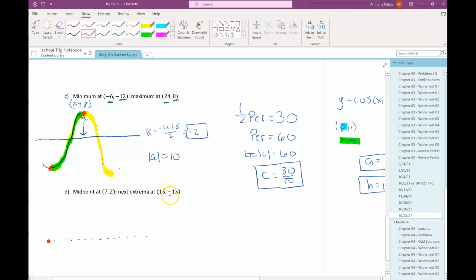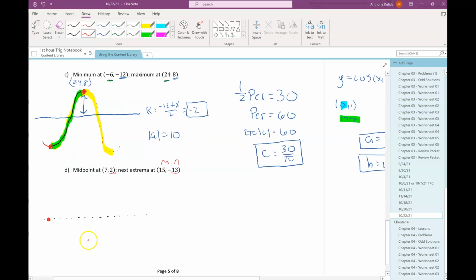Now I can tell just by looking at the y coordinates that this point is a minimum because -13 is less than 2, so it has to be below it, right? So there's that. And then I'll draw in the rest of my period here. Is that okay?